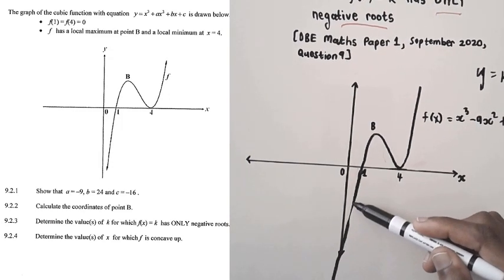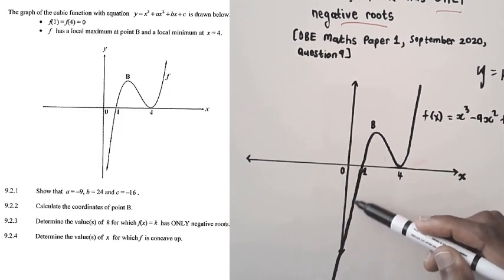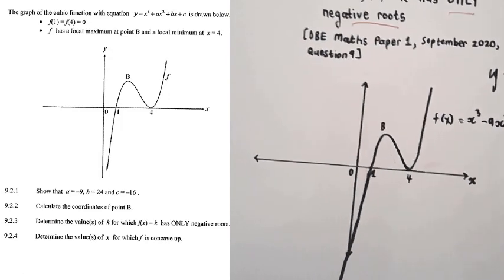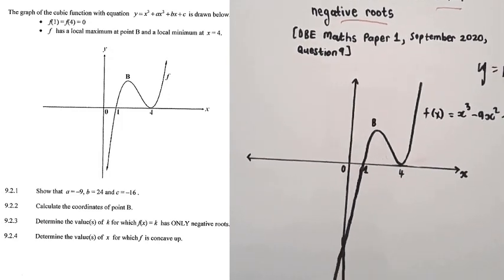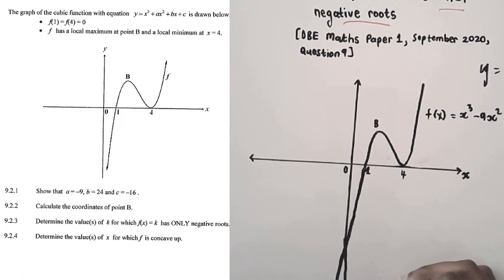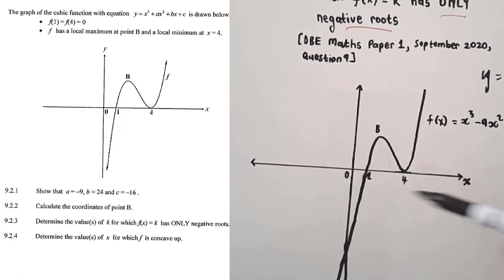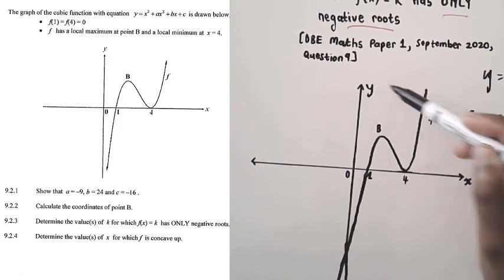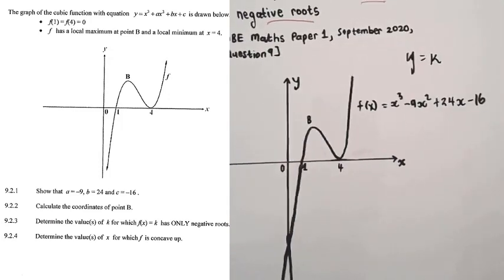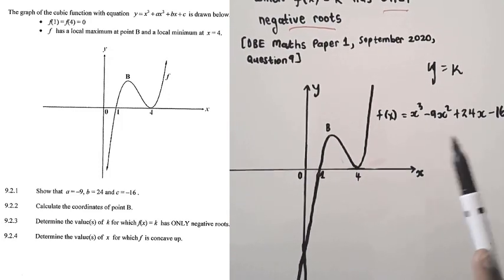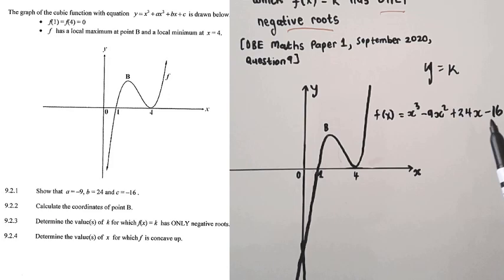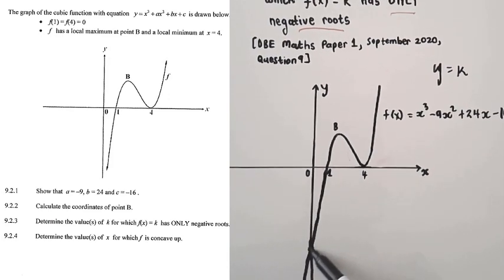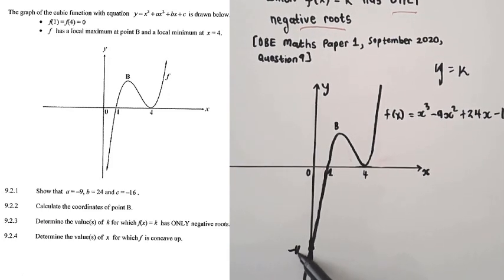I've erased quite a lot of it now, so let's just fix here. I've now fixed basically my y-axis, and going back to the equation of f of x, I know that the y-intercept is here at negative 16.